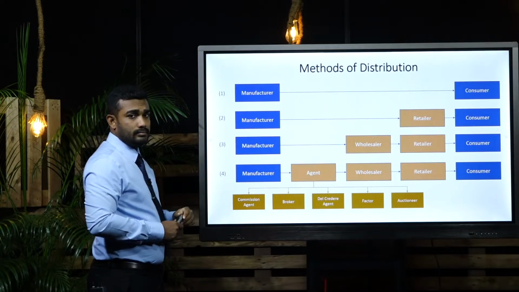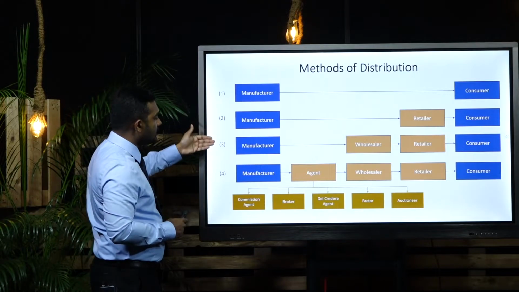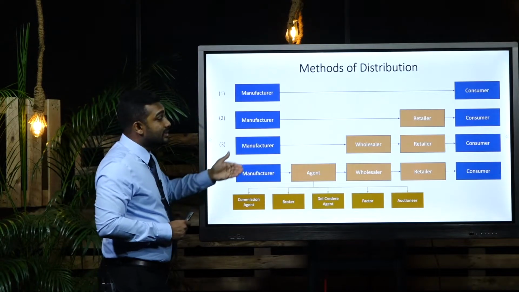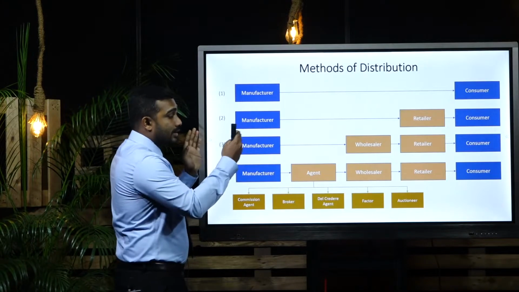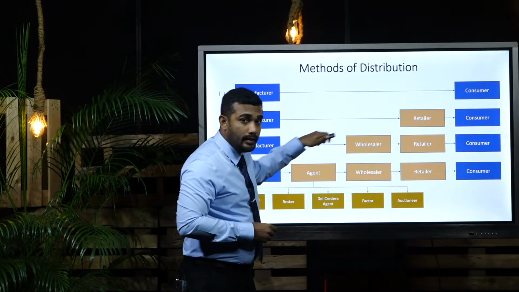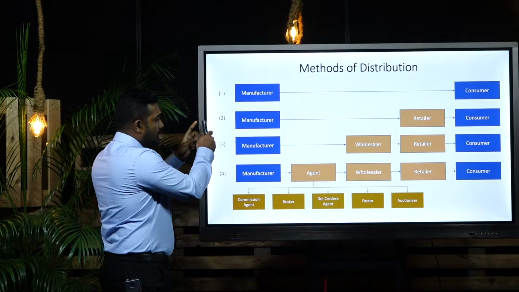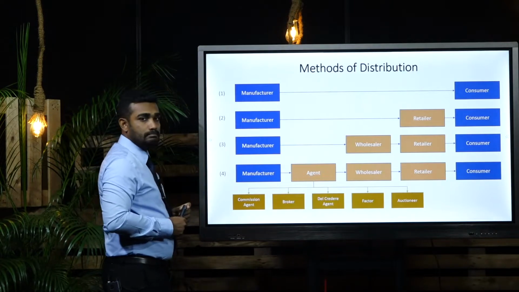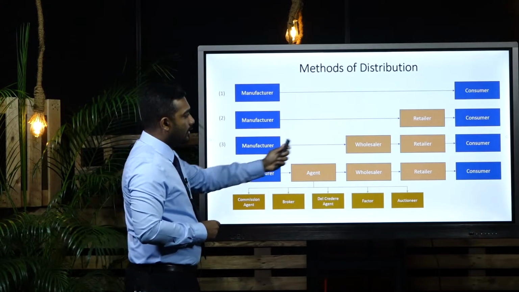Second one. From here onwards, the second, third and fourth, you will see intermediaries. Earlier one was a direct distribution, but here there are intermediaries, right? The second channel, look at it.